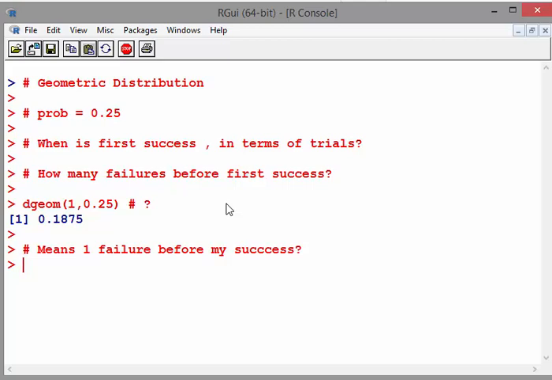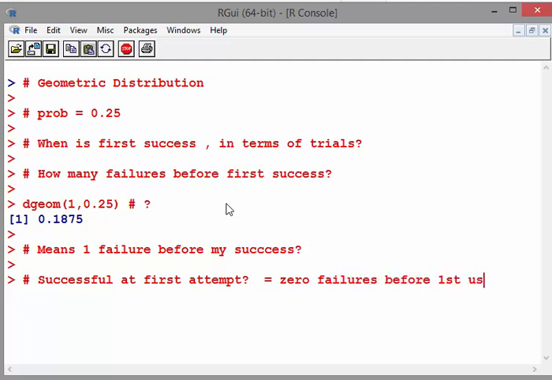Being successful at the first attempt is equivalent to 0 failures before my first success. That's important, so this is the question I should have asked: dgeom 0, 0.25. Okay, 0.25.